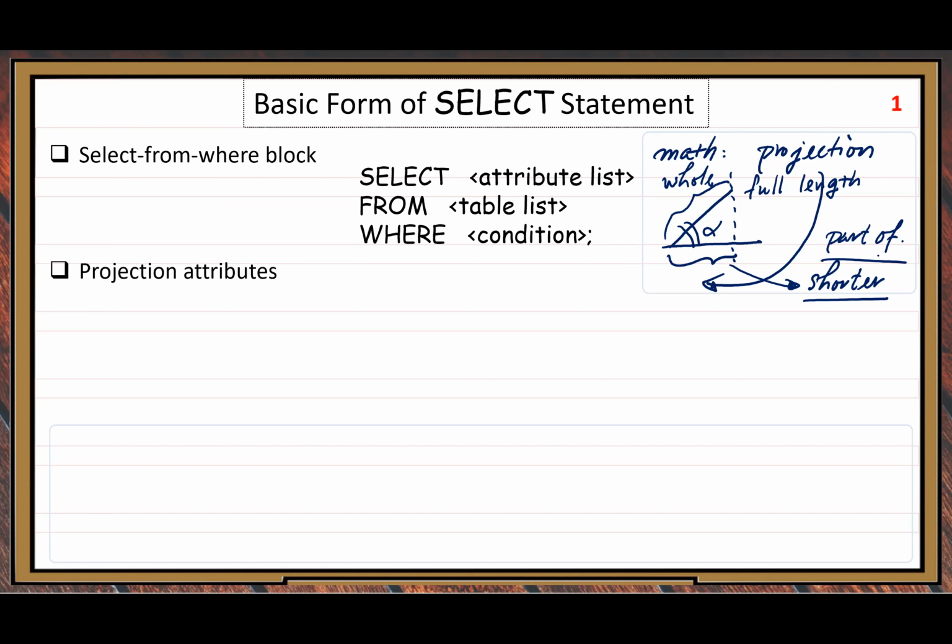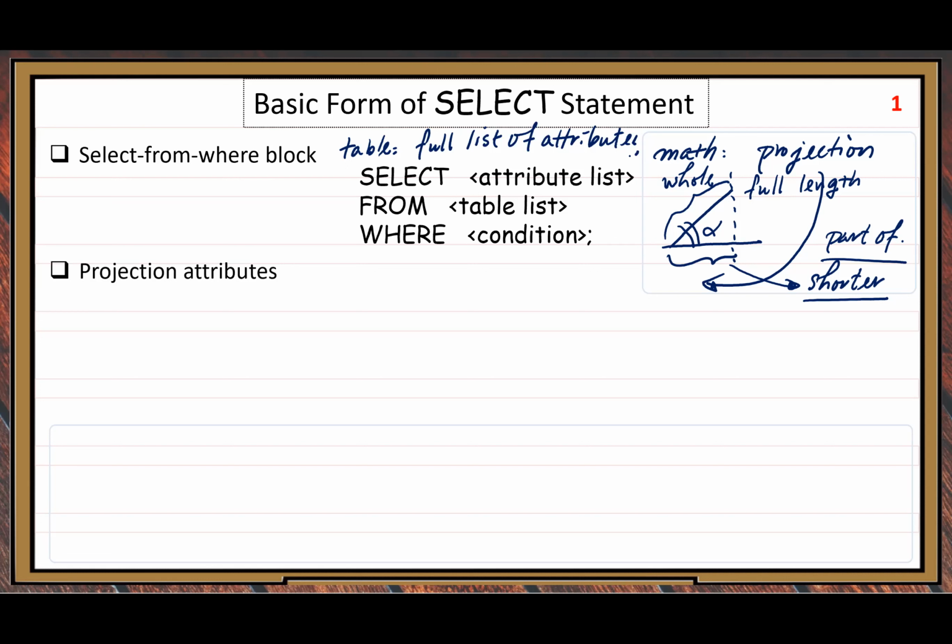Now when we do projection, we take the full list of attributes and we take part of it. Because inside a table, we have the full list of attributes, but in this query we may not need all the attributes.